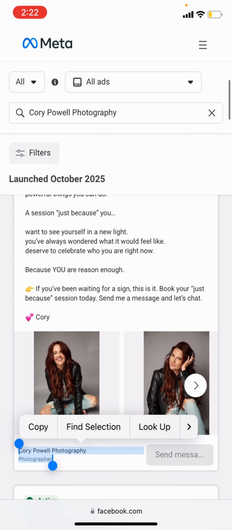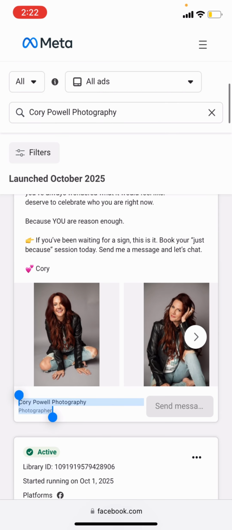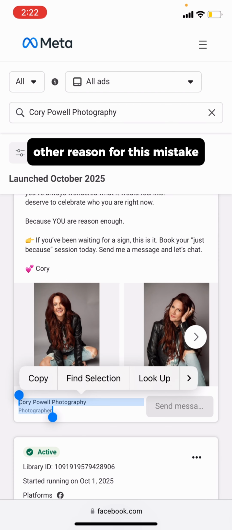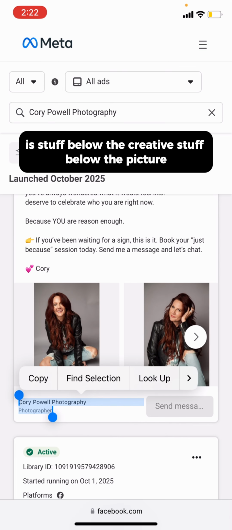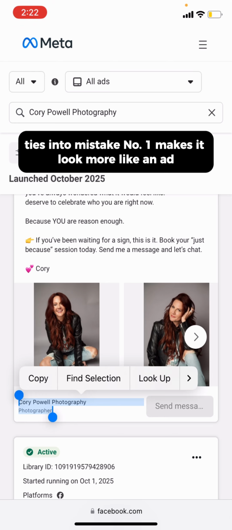There are 3 reasons for this. Reason number 1 for mistake number 9, 5% of the reason for this mistake, is that stuff below the creative, stuff below the picture, ties into mistake number 1, makes it look more like an ad.